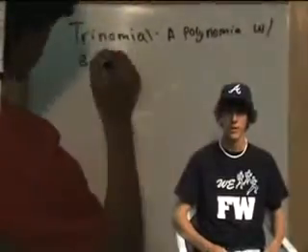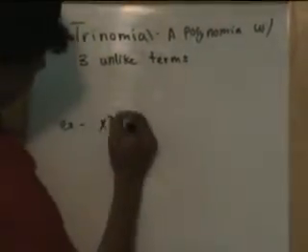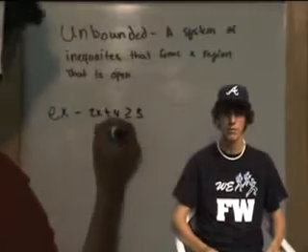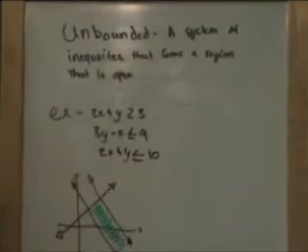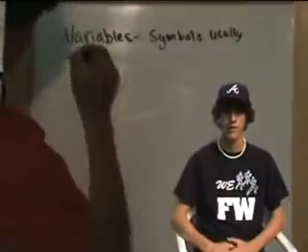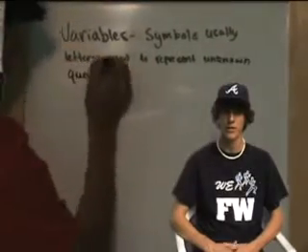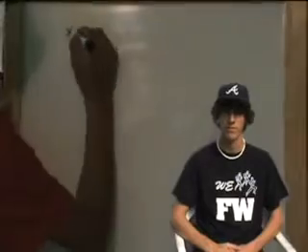T. Trinomial: a polynomial with three unlike terms. U. Unbounded: a system of inequalities that forms a region that is open. V. Variables: symbols, usually letters, used to represent unknown quantities.